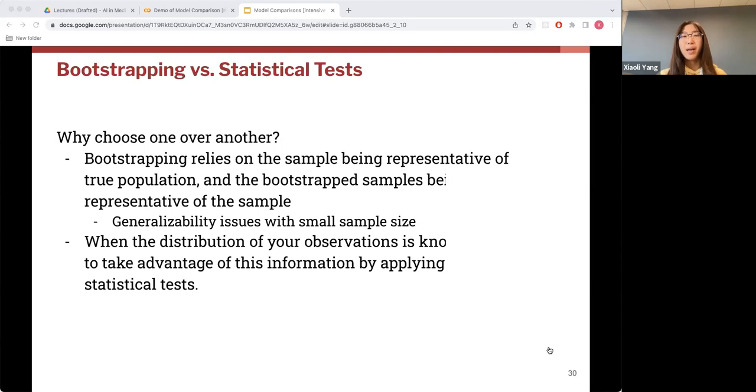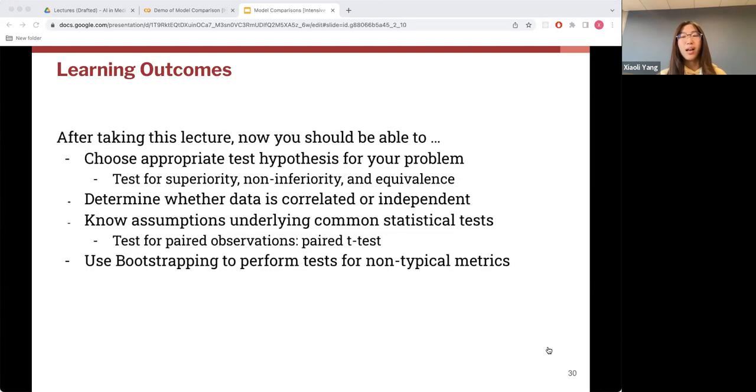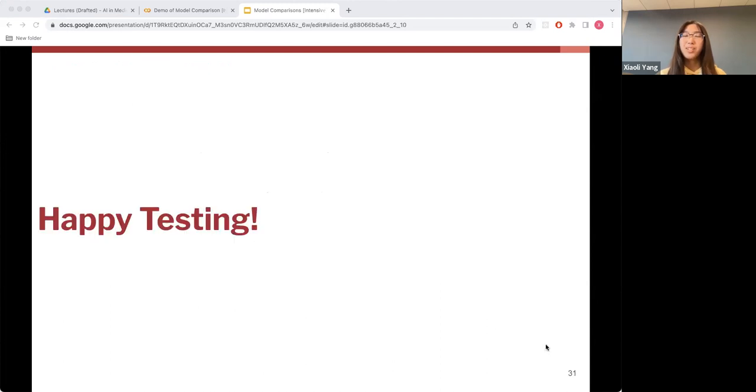So I think that's my final comment on this. We have achieved choosing appropriate test hypotheses, determining the data type, and we learned the paired t-test and a final flexible method, bootstrapping. So I hope you learned something from this lecture, and happy testing. Thank you so much.